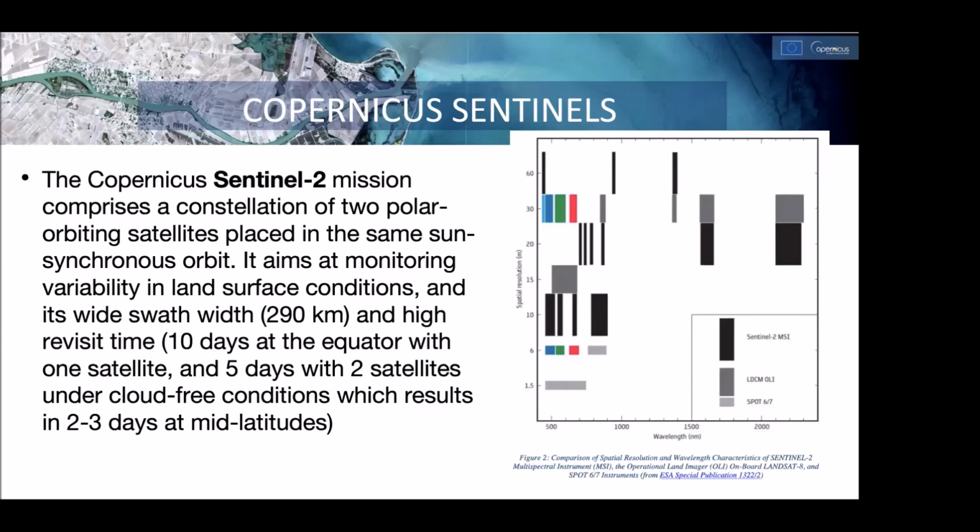That's another plus for the Sentinels. There is more than one flying around, and that's why we see this capability. Because if it was only a single satellite, then you wouldn't be able to do this.